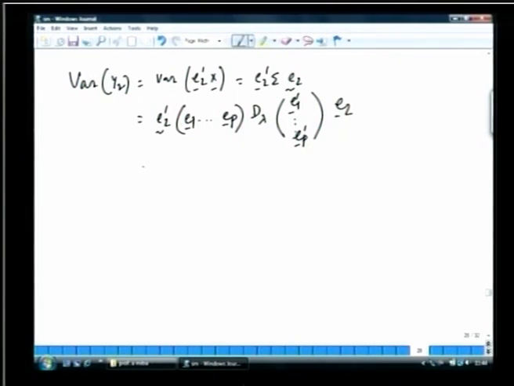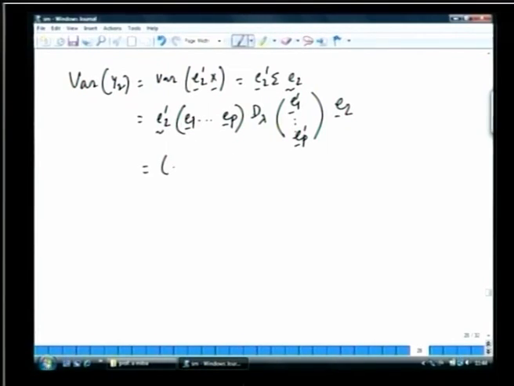And this is nothing but, because E1 to EP are all orthonormal eigenvectors, you will have E2 combining with E2 only, and since these are orthonormal, you get 1 here.